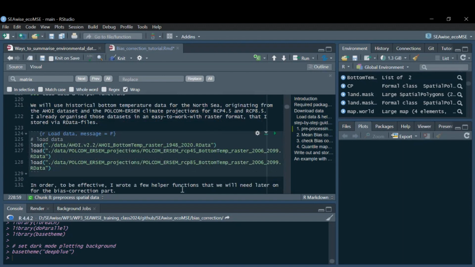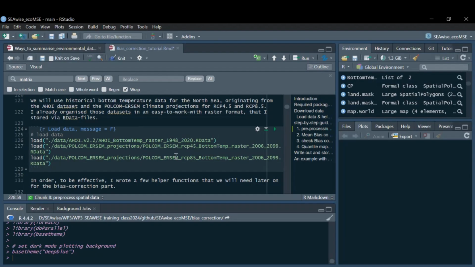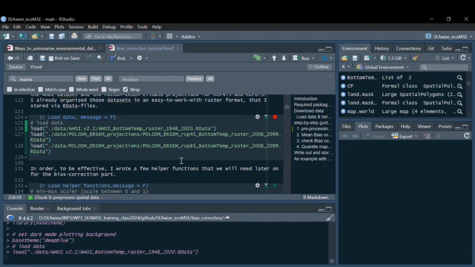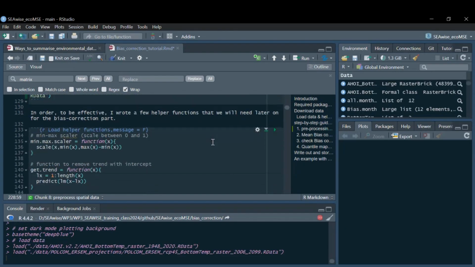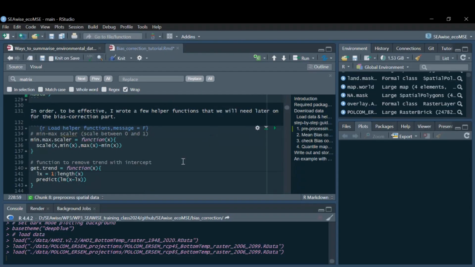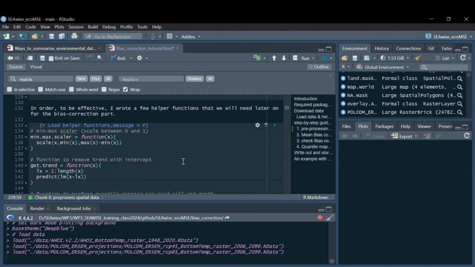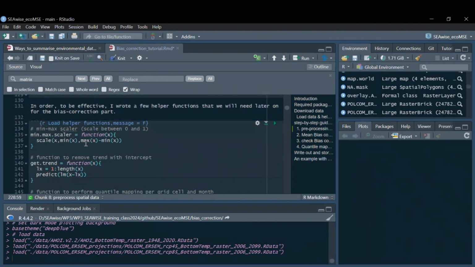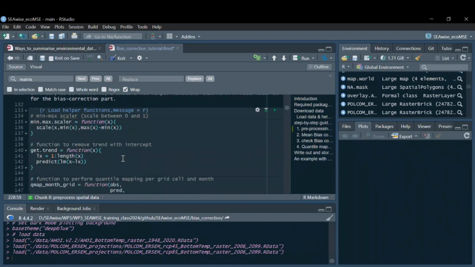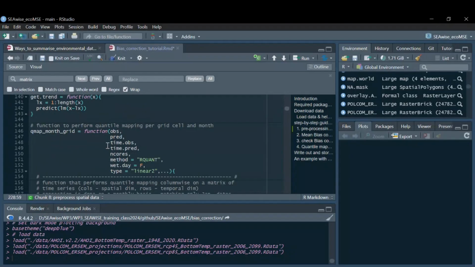And this is a temperature data set, also the Ahoy bottom temperature, then the Polcoms-Ersem RCP45 bottom temperature, and the Polcoms-Ersem RCP85 bottom temperature that we load into our workspace, and also define some functions that will help us remove the trend and display some of the variables. So a min-max scaling function and a get trend function.